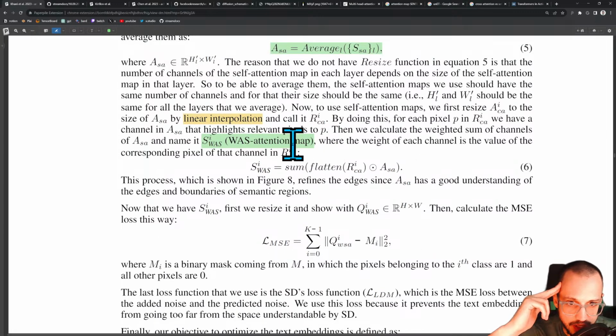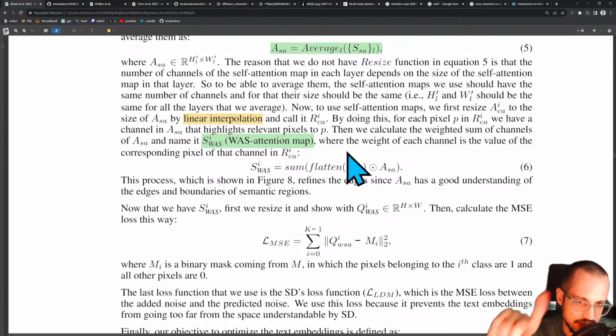Here we go. The weight of each channel is the value of the corresponding pixel in that channel. S_i^WAS is the sum of the flattened R_CA element-wise multiplication by A_SA. So A_SA is the self-attention. R_CA is this linear resized cross-attention.